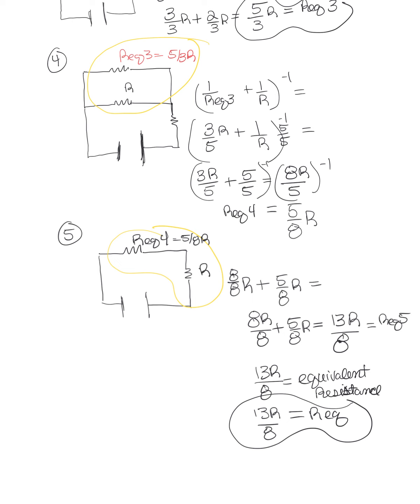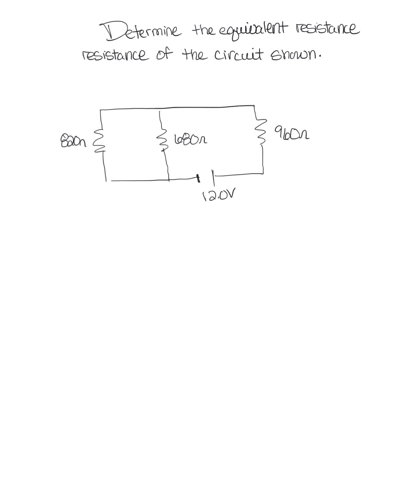Now that we've found the total equivalent resistance for the entire circuit, let's do another for practice. Okay, I think this is a good problem to show because we just want to determine the equivalent resistance of the circuit.